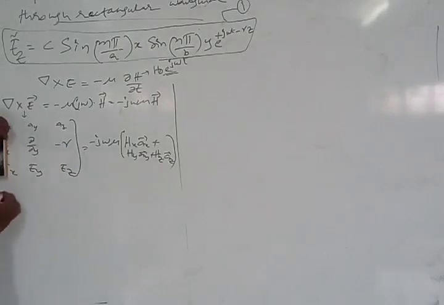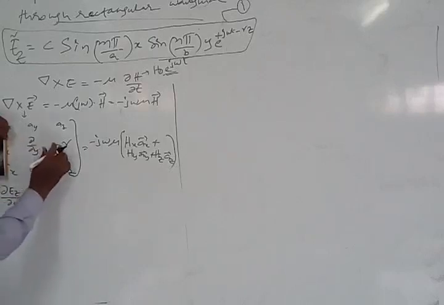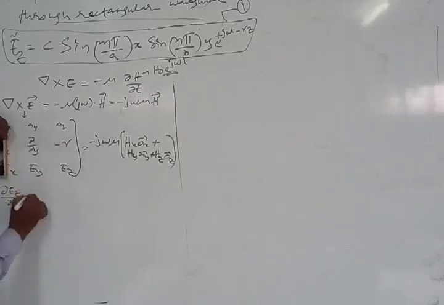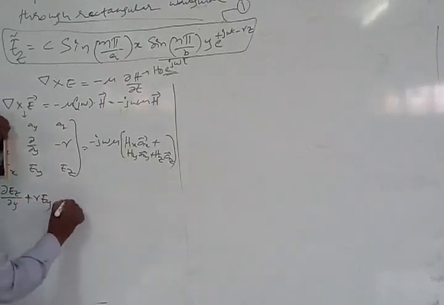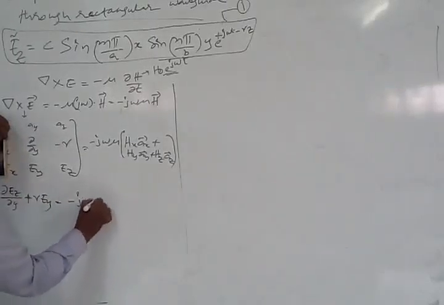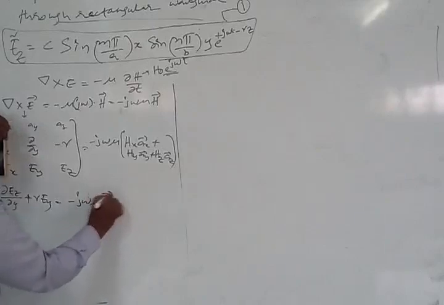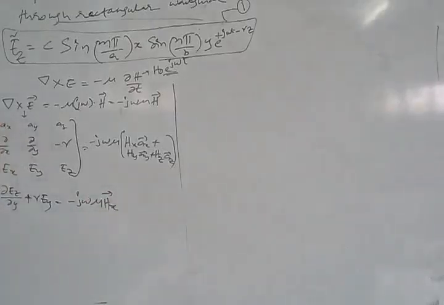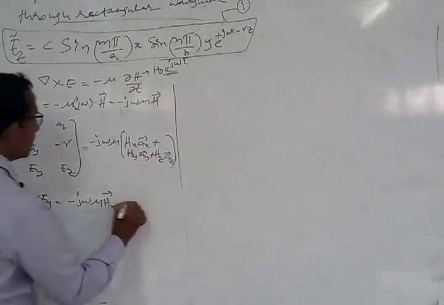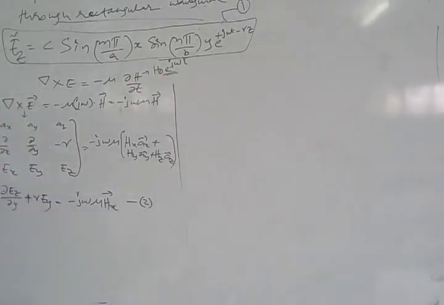Therefore I can write this as dou Ez by dou y plus gamma Ey. Alright. So this is the factor I get is equal to minus j omega mu Hx. This is the equation what I will get, one equation I will get. So I can designate this as equation number say 2.